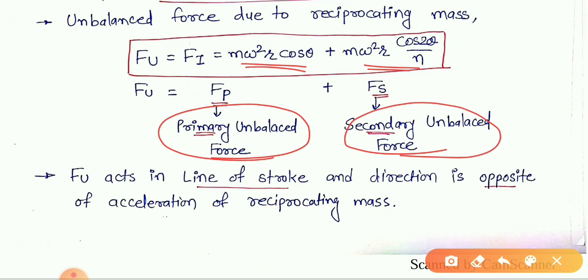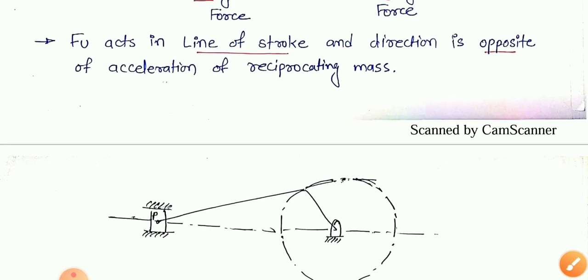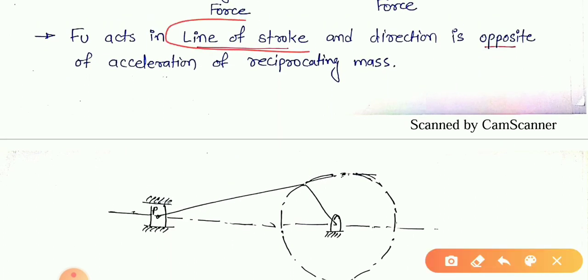Now the unbalanced force will act in the line of stroke and its direction will be opposite to the acceleration. Suppose the direction of motion is in this direction, the unbalanced force will act in this direction.